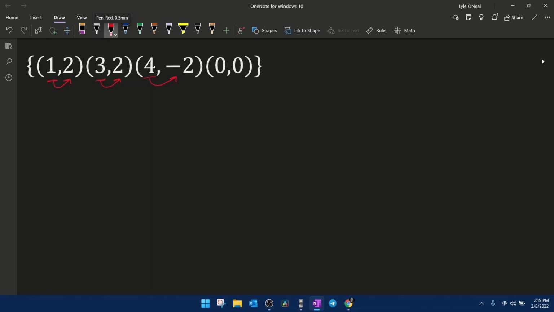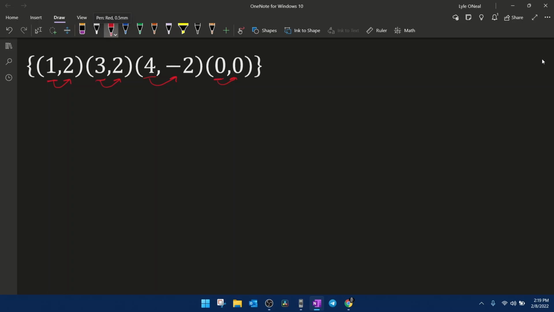Again, 4 does not appear in any other x-coordinate, so 4 is only with negative 2. And 0 maps to itself. And again, since 0 does not appear in the x position anywhere else, 0 only maps to 0.